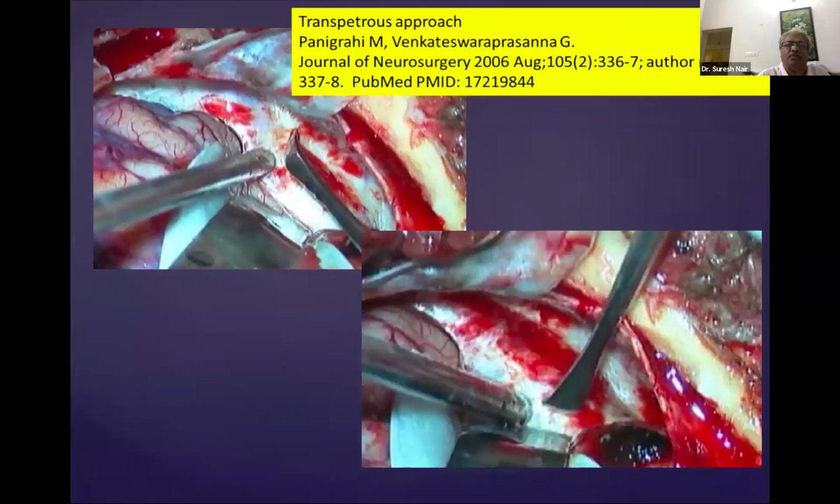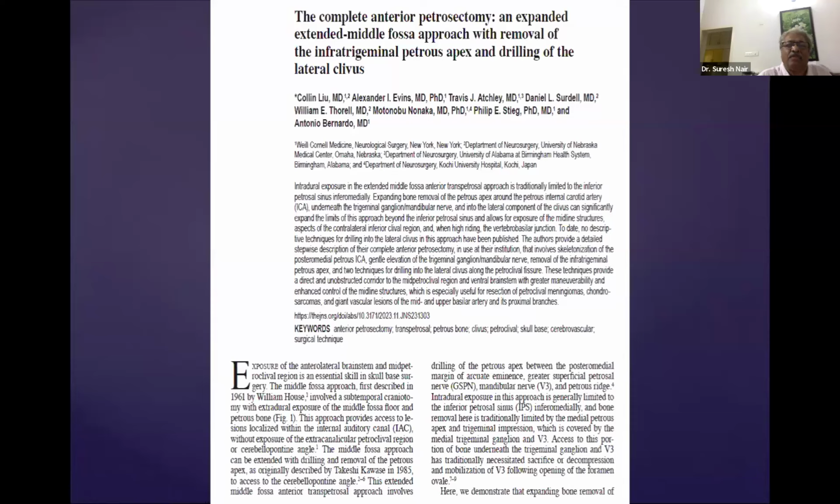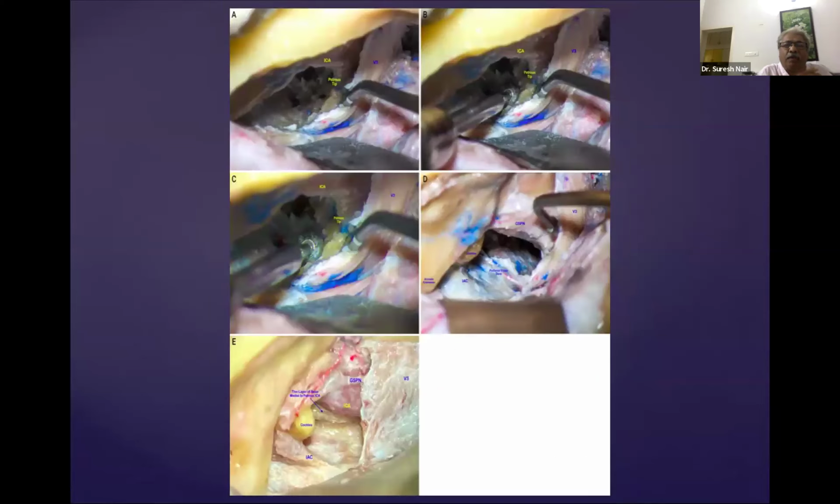Some of this has been addressed by Manas in his article. This is something again which I love. Arun was telling about complete anterior petrosectomy and the extended middle fossa approach. The importance is unroofing foramen ovale, mobilizing V3 and working.